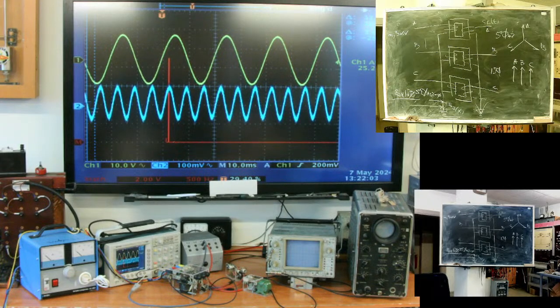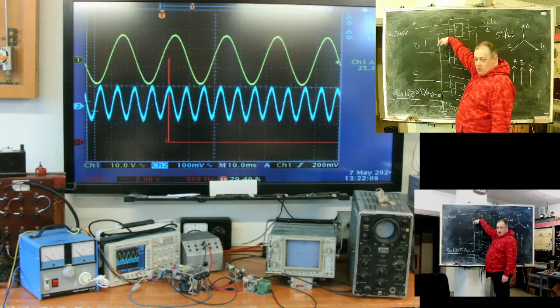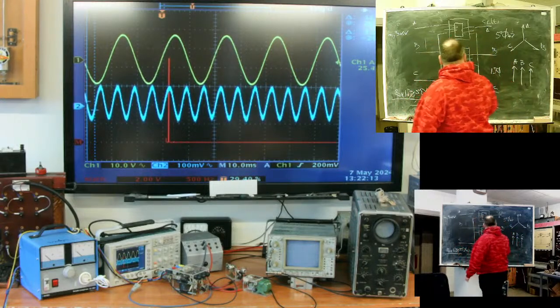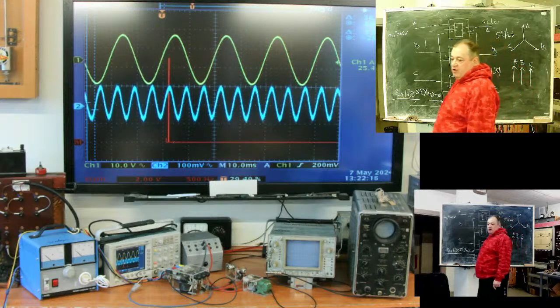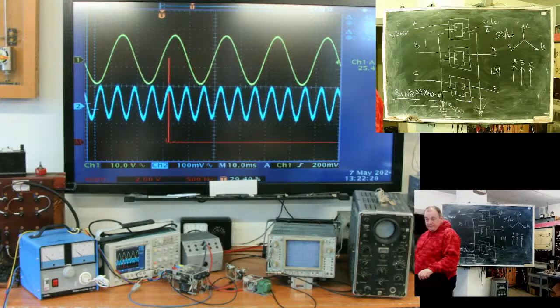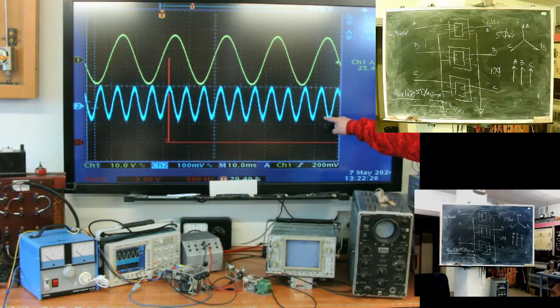It's a group of 3 single-phase transformers. From each one flow 2 components, 50 Hz and 150. The sum of the 50 Hz components is 0. The sum of the 150 Hz components will be triple. You see? It's 150.